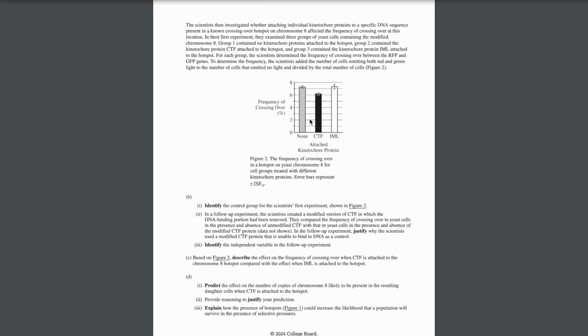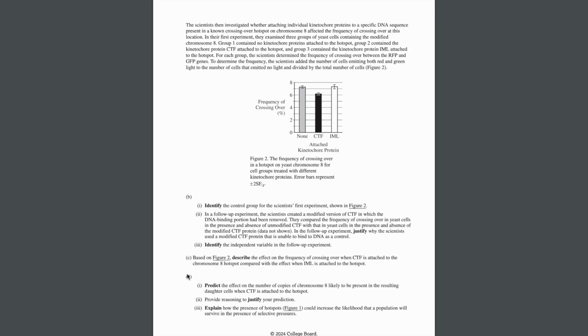So CTF lowers the crossing over frequency. IML, this kinetochore protein, has no effect or no change on the frequency of crossing over, unless you seriously look at the error bars that extend just a little bit, but practically no change from the control group is shown.